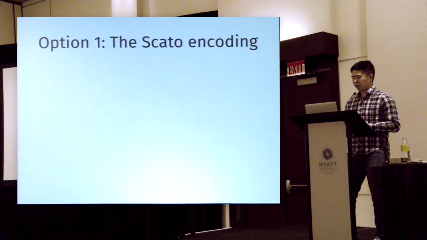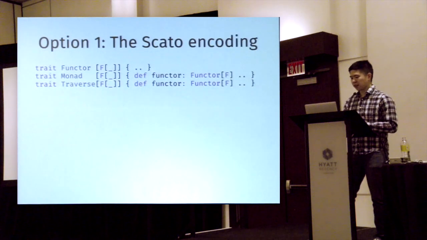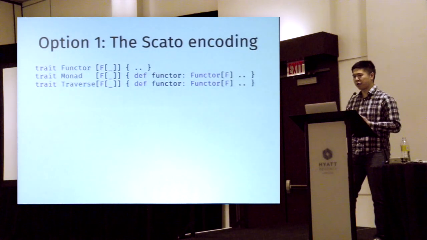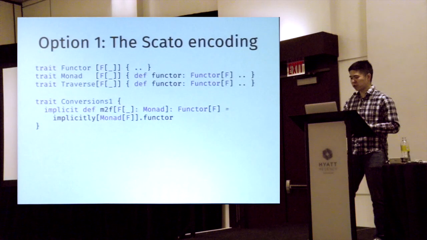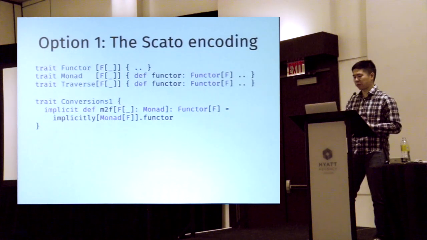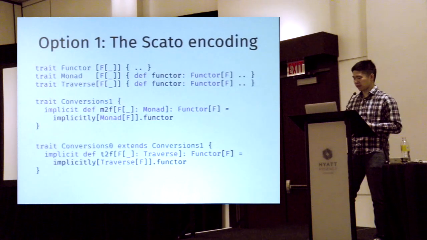So a quick sketch of how the earlier type class hierarchy might look in the Scala encoding is we'll define our type classes, but now for our subclasses, we won't have them extend functor. We'll just have functor as a member, and then we'll structure our subtyped relationship with implicit conversions. So we'll have one that will convert a monad to a functor, and then we'll have one that will convert a traverse to a functor.